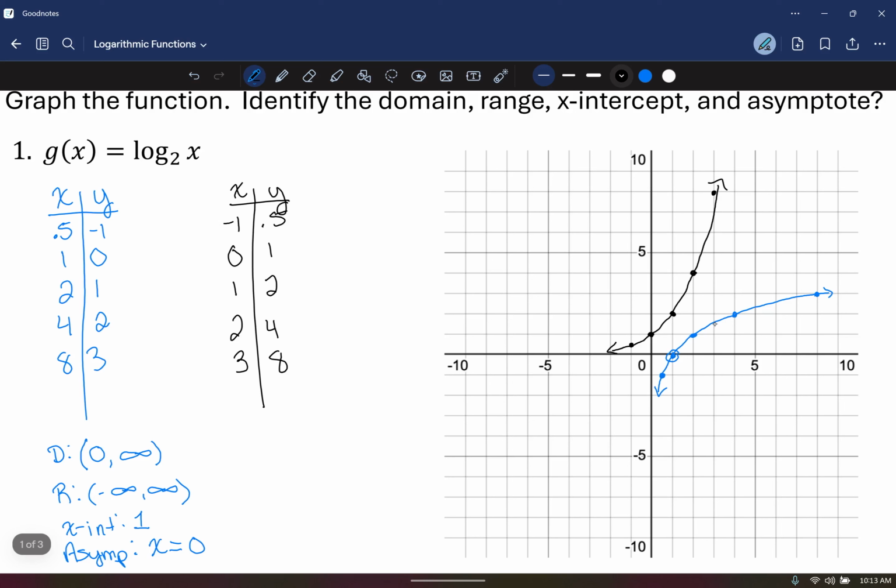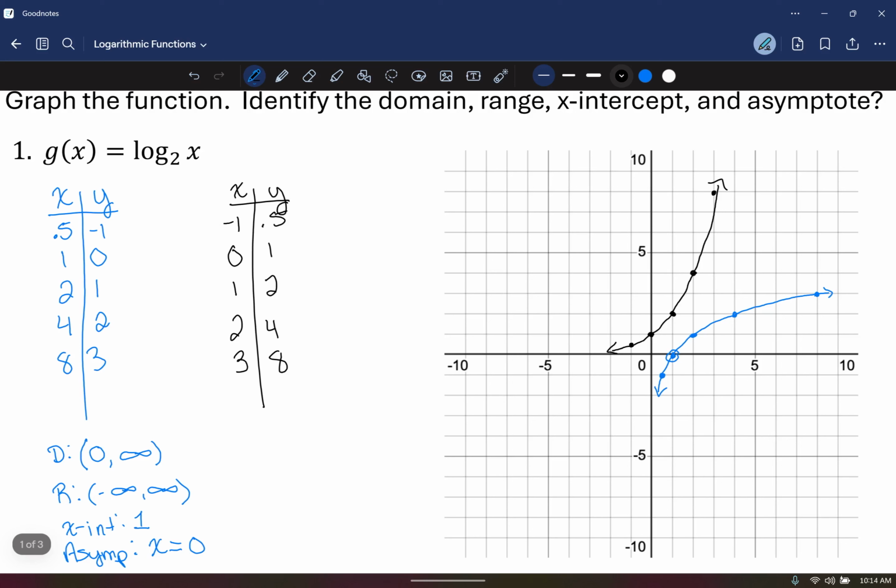Now, instead of having a vertical asymptote, we have a horizontal asymptote at 0. It'd be y equals 0. Instead of having an x-intercept at 1, we have a y-intercept at 1. Instead of having a domain of 0 to infinity, we have a domain of negative infinity to positive infinity, and our range is now 0 to infinity.